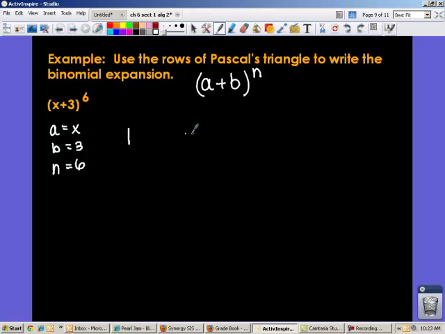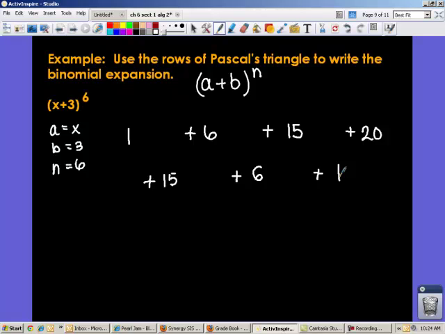So we have 1, okay, so we know that when we multiply x plus 3 6 different times, we're going to have a very long polynomial. This is just the start of it.